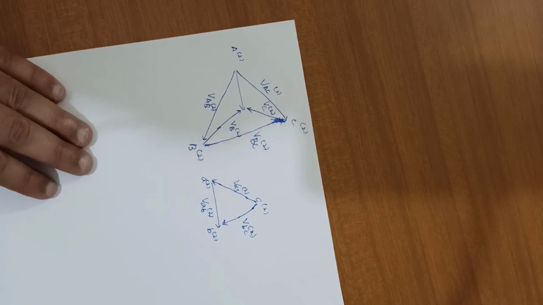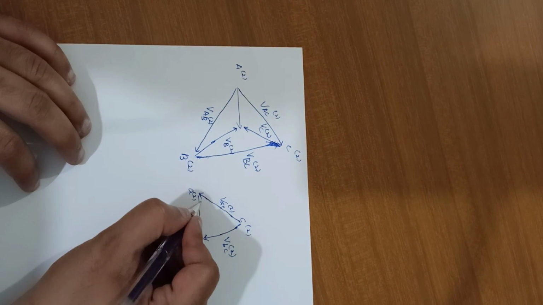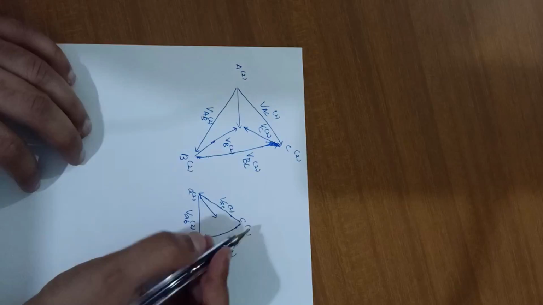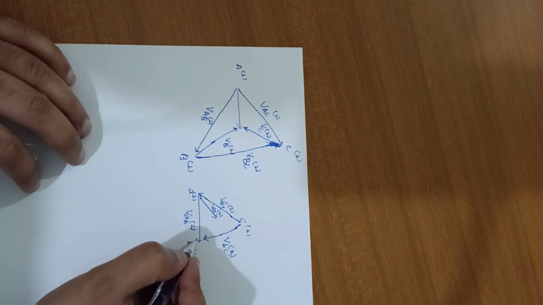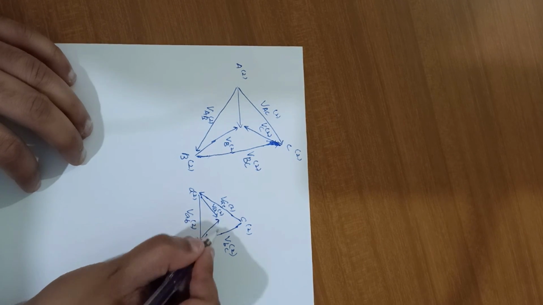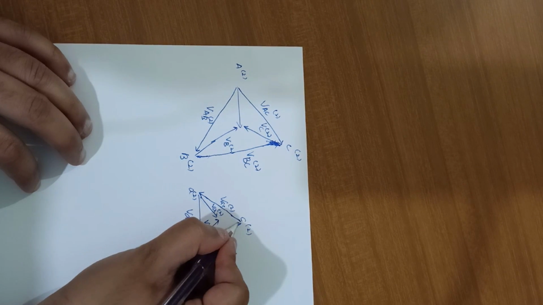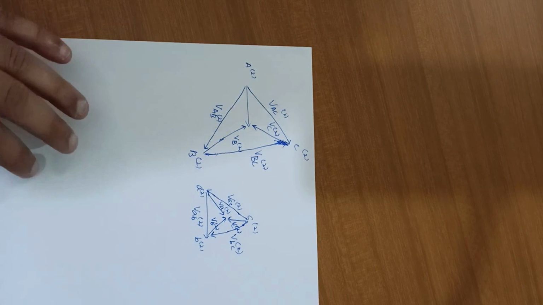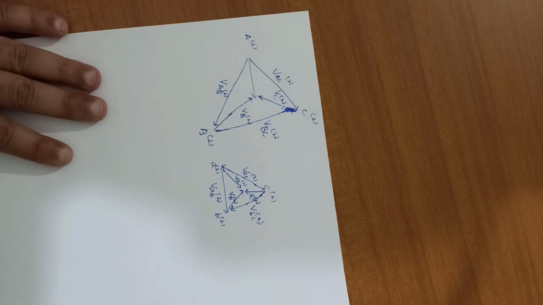Now we will draw the directions: VA2 and VAC2 will be in phase. Likewise from B you can again go to this neutral point, right? This will be VB2, and here from C it will become VC2, right? So in this way we will draw our figure.